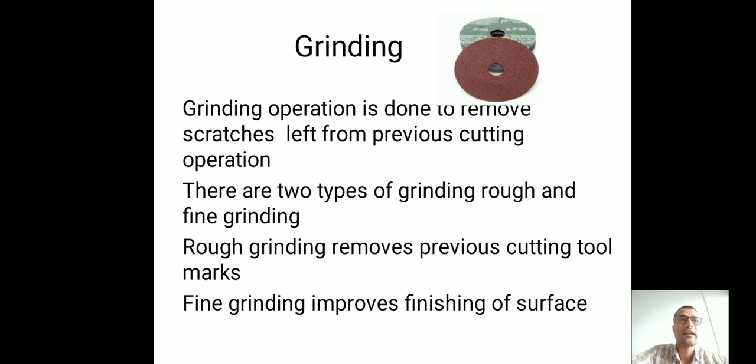So here the grinding operation is done to remove the scratches left from the previous cutting operation. Friends, we already discussed in the sectioning stage that material gets cut into small pieces.